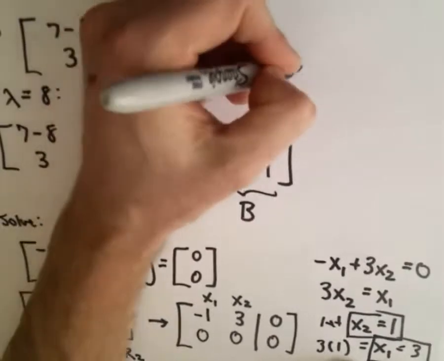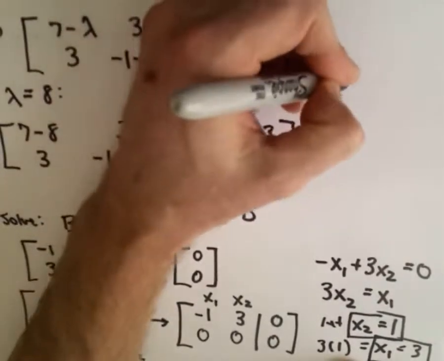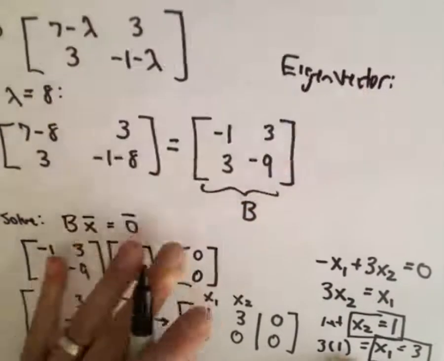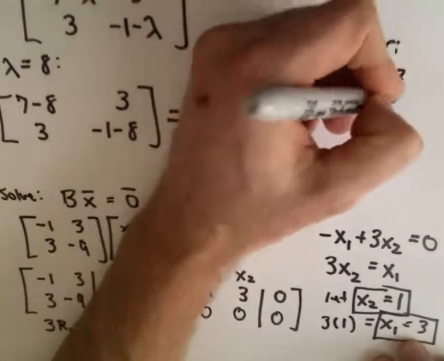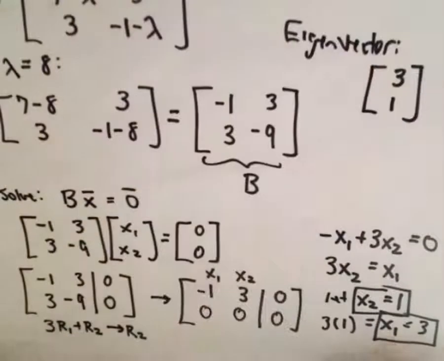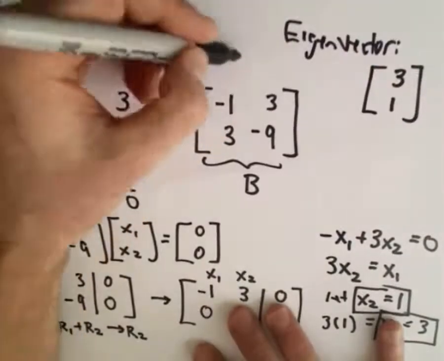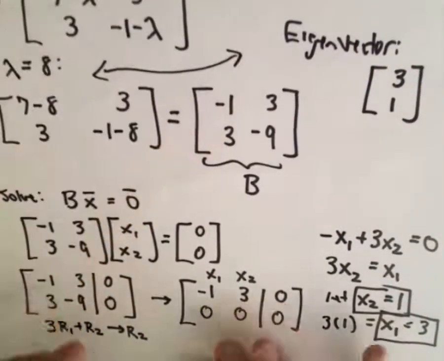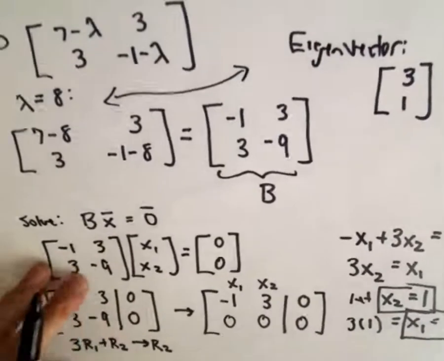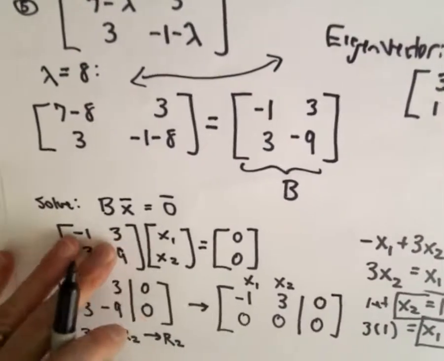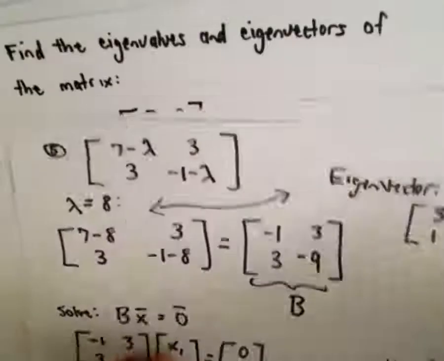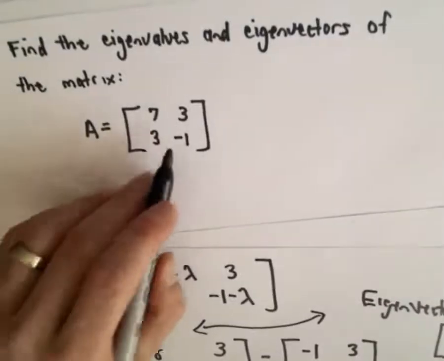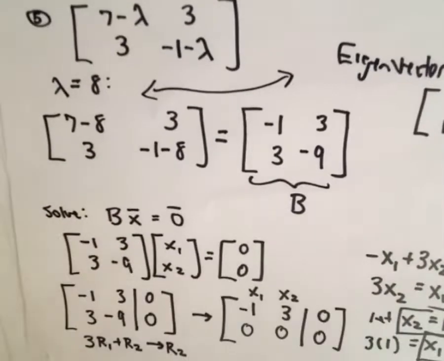So the eigenvector in this case will be the vector with entries 3 and 1. Okay, so that eigenvector again goes with the eigenvalue of 8. And you can check, if you want to, you can take the matrix that we started with, 7, 3, 3, negative 1. Let me write this down.